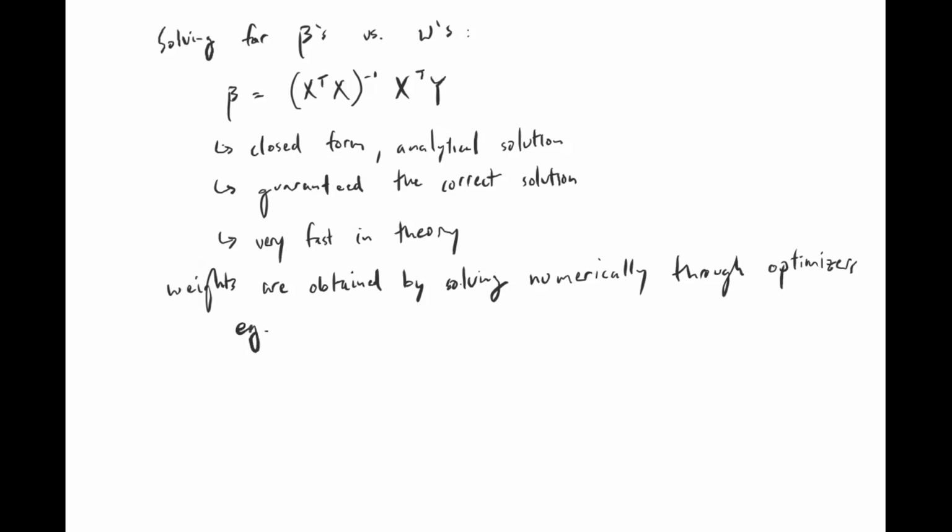So gradient descent, I think, is one of the most common ones, although even that is a generalization; there are a couple of different forms of gradient descent that you could use.